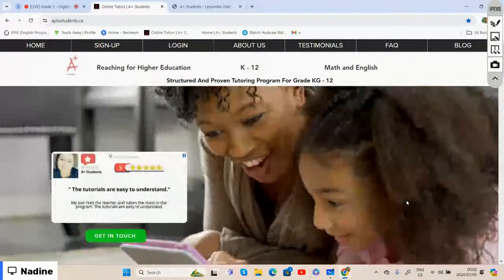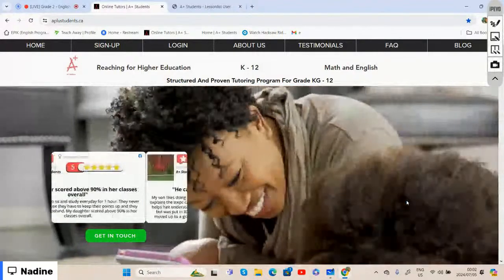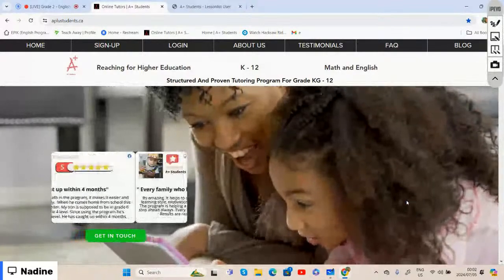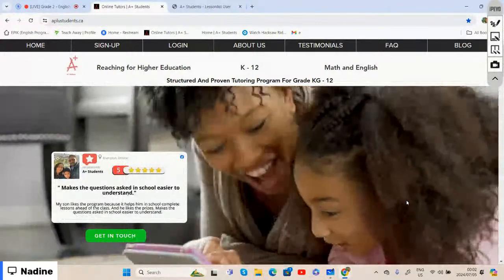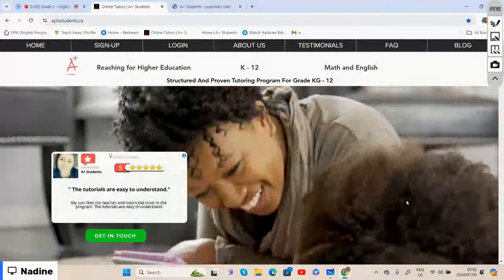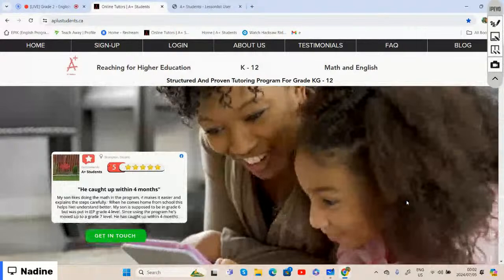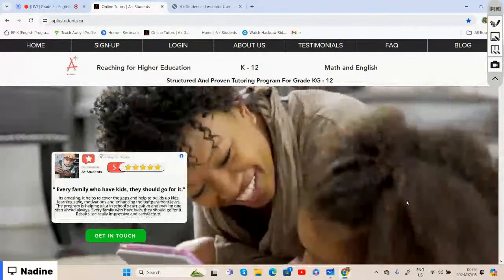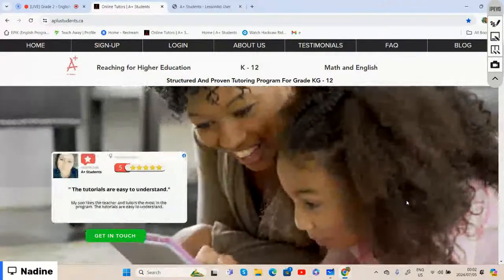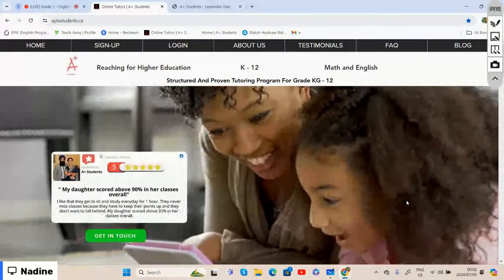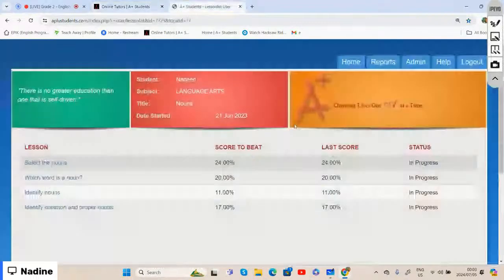Once you've logged on with our username as well as our password, we're going to select the subject of English language arts, grade 2. And then we're going to scroll down until we get to the chapter of nouns.